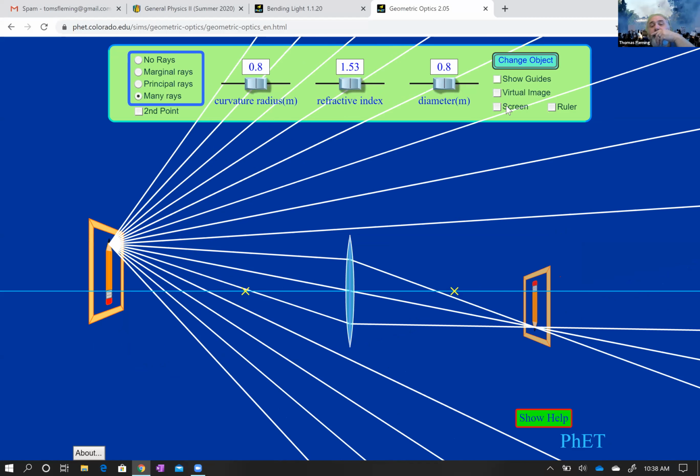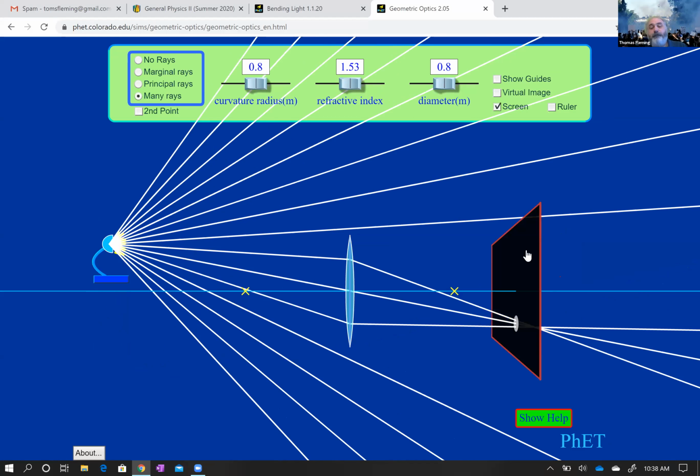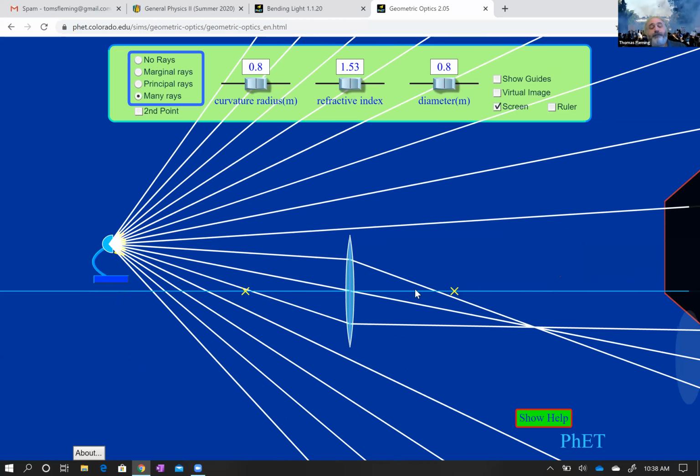Obviously, some of the light that leaves here travels out here and doesn't hit the lens at all. Some of these rays come out and they hit the lens and they're going to bend. And because this is a converging lens, they're going to tend to converge at a certain location.